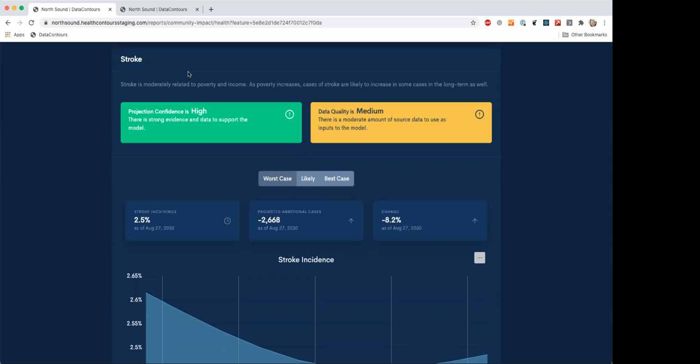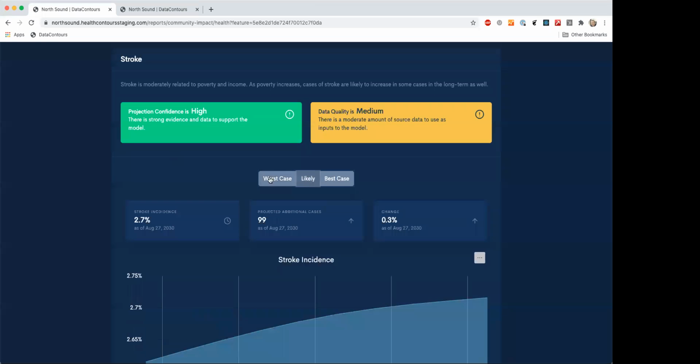So obesity and cardiovascular disease and diabetes, we see some interesting inverse relationships between increase in income and increase in, it's probably driven by obesity. So we would actually see a decrease in stroke incidence in the worst case scenario, where we saw a really significant increase in poverty. Under the likely and best case scenarios, we see a slight increase in stroke incidence.